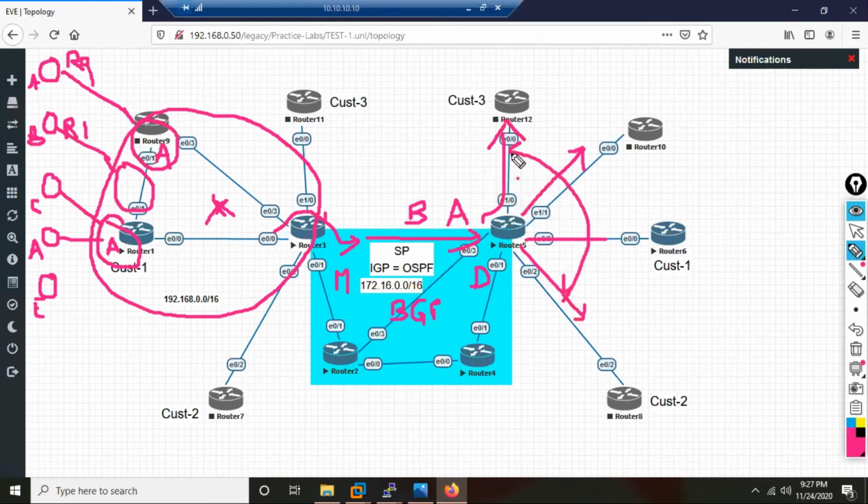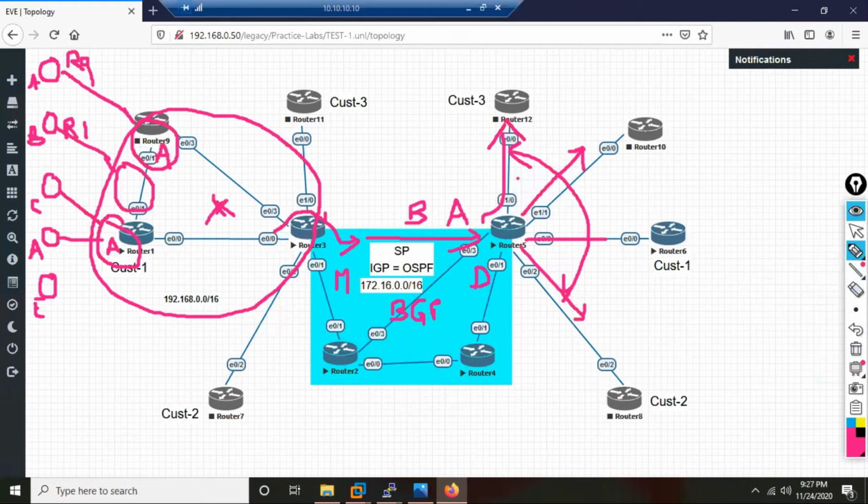So this problem is not getting solved. VRF, while receiving the routes, keeps the routes separately. It allows you to run the same protocol multiple times, but it cannot help transport the routes from one end to the other end.